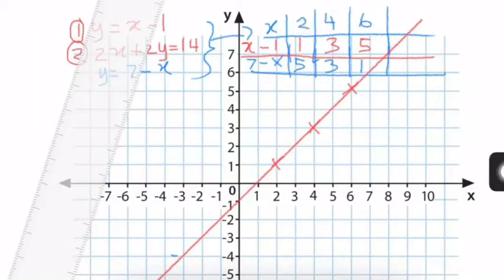So 2, 5 is here. And then 4, 3. 4, 3 is here. And 6, 1. Alright.